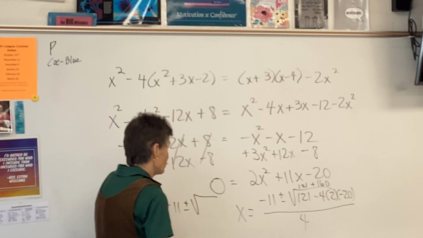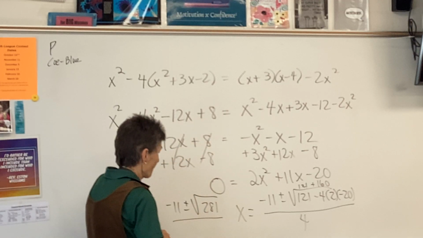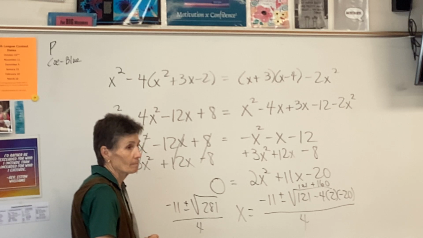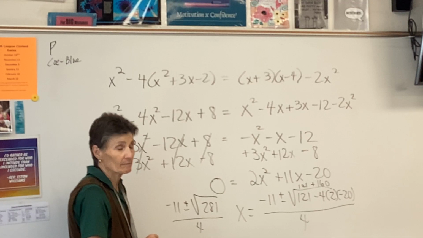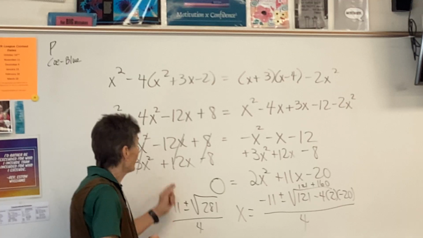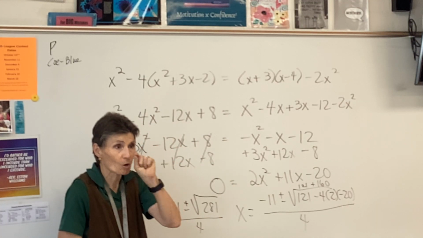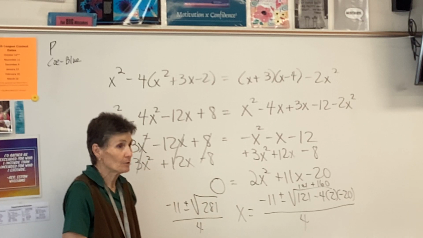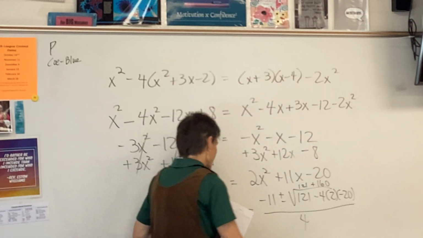So I have 281, which I believe is prime. Can't think of anything that goes into 281. So we got lucky, that's our answer. A lot of work there, a lot of places to make mistakes, so be careful. But do we all know how to do it? Yep. All right. Now we're gonna do our domain questions.